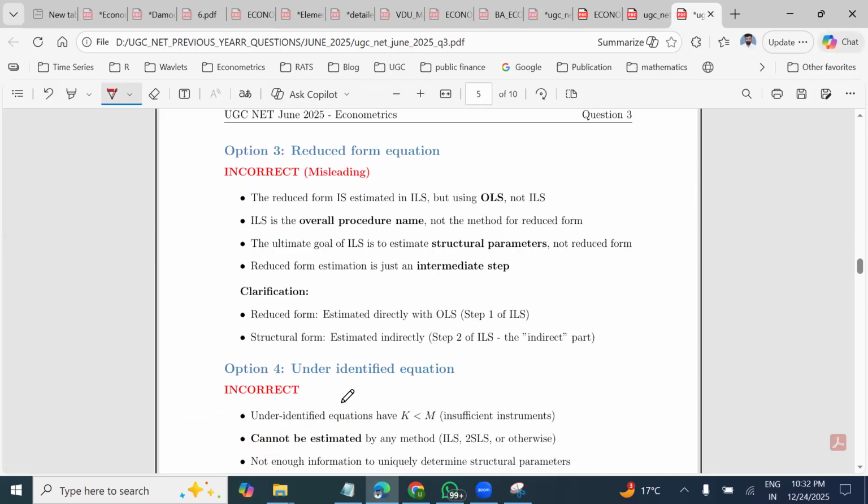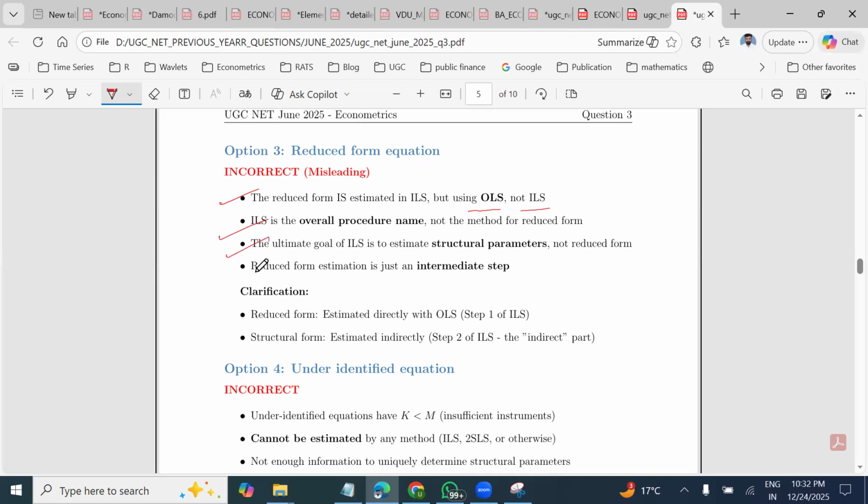Now option number 3, reduced form of equation. It is incorrect because it is misleading in the sense that the reduced form is estimated in ILS, but not using ILS. ILS, or indirect least square, is the overall procedure name but not the method for the reduced form.